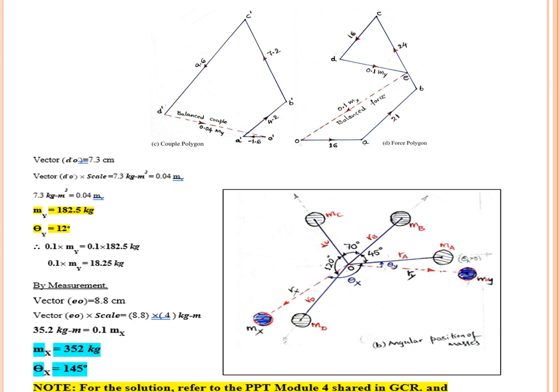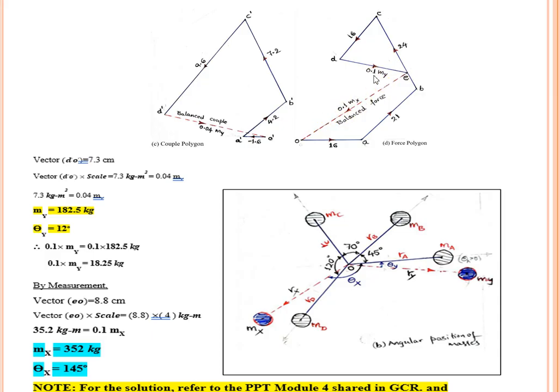When you construct the force polygon, a suitable scale is selected. Here 16, 21, 24 and 16 are drawn, and 0.1 my is drawn because it is known. With respect to the point E and point O, you join the lines, and that gives the balancing force.